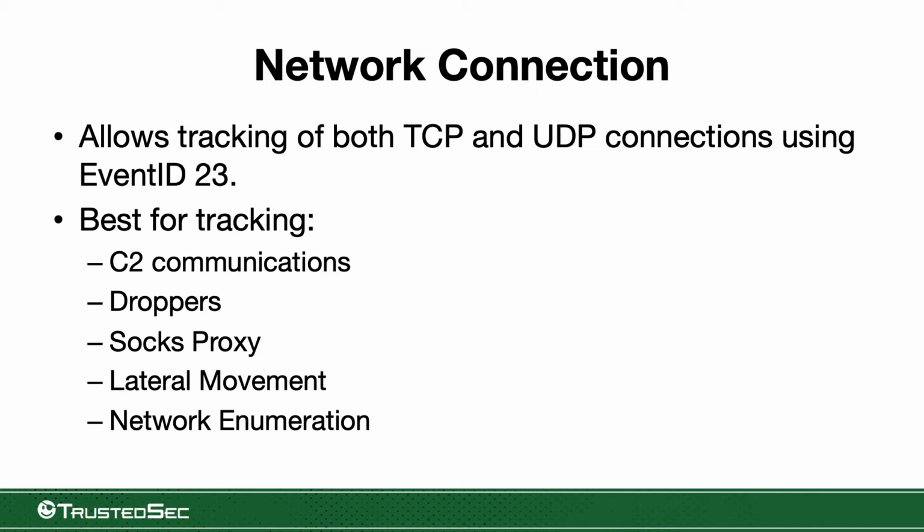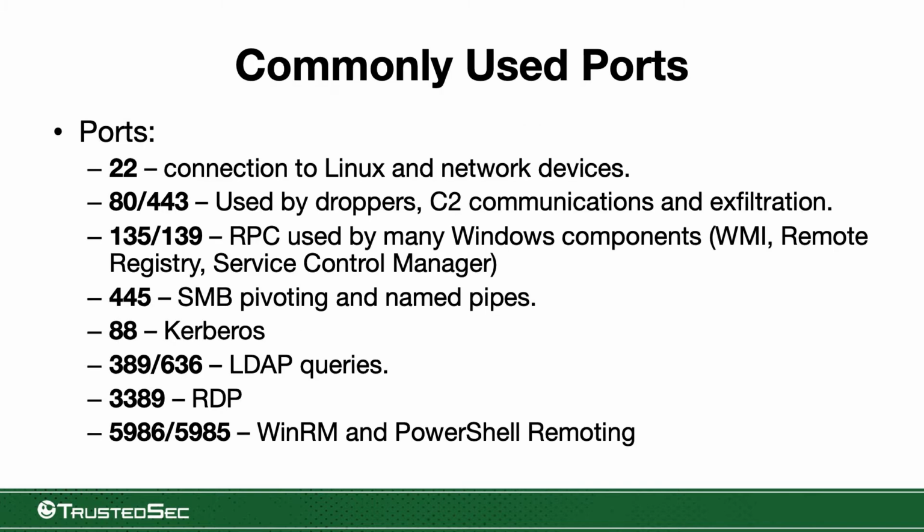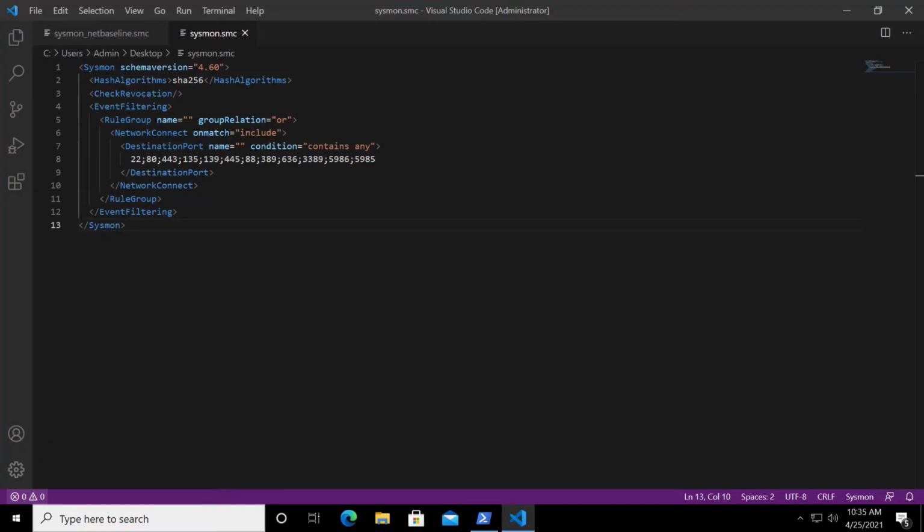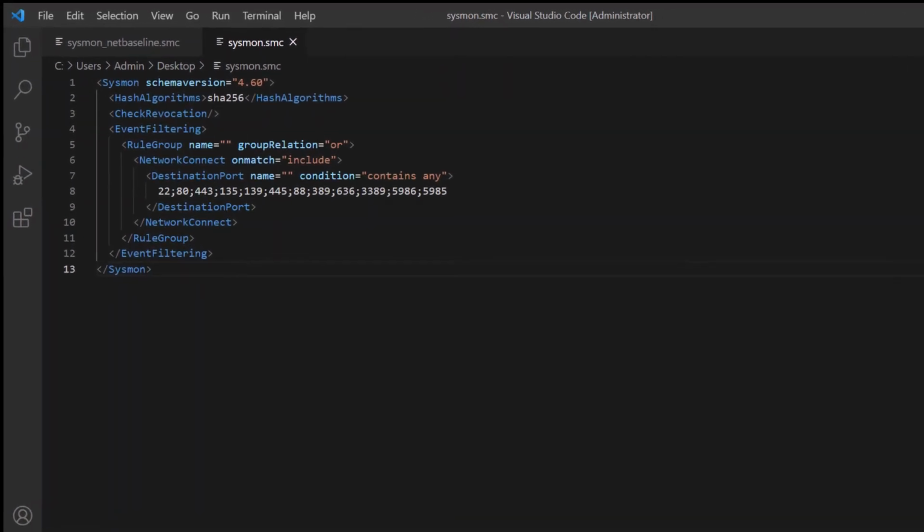So the way I typically recommend this is that you focus on those specific ports that are used by attackers to perform those actions. Port 22 in the case of SSH, the RPC ports, which are 135 and 139, and SMB, used quite a bit with pipe events, which is 445.